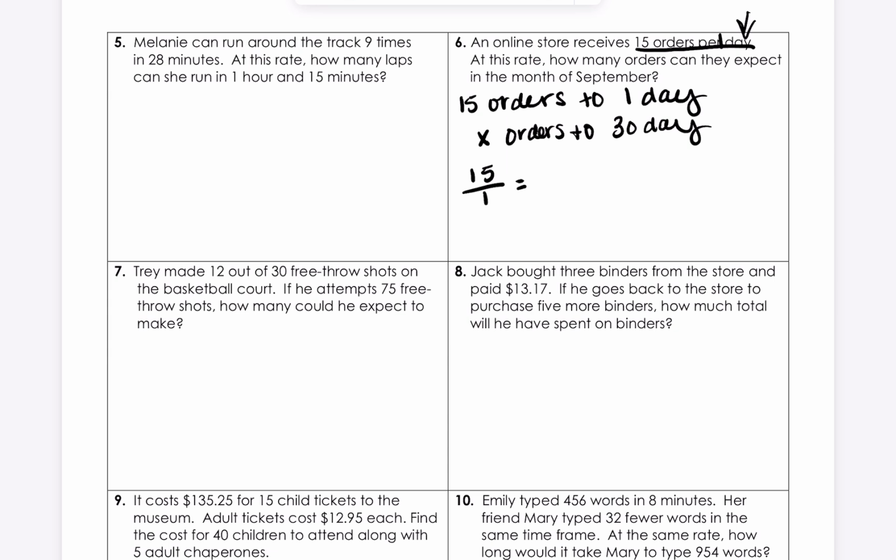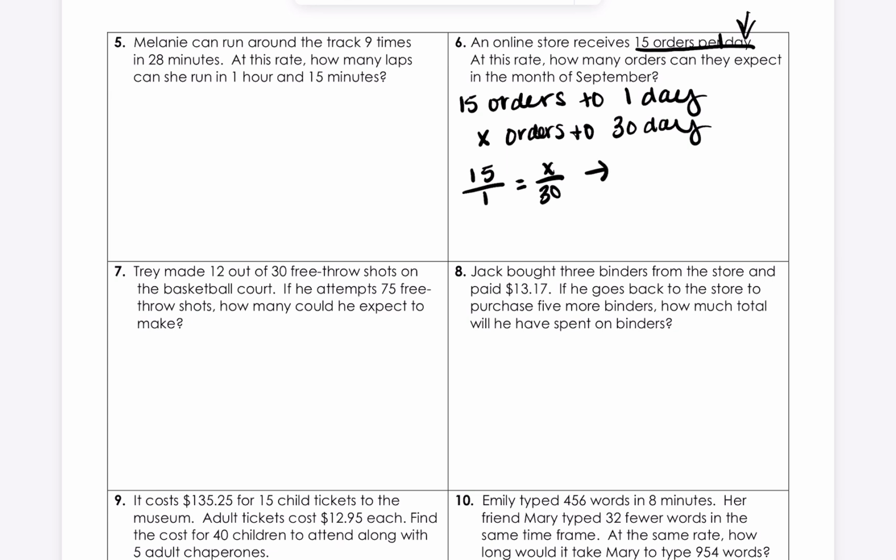I equal that to my next ratio, which is x orders to 30 days. Once again, we don't know how many orders we can accomplish in that 30 days. So for the orders, which are at the top, I'm going to put x at the top. And then I'm going to put 30 at the bottom because we have the 30 days. We put our days at the bottom.